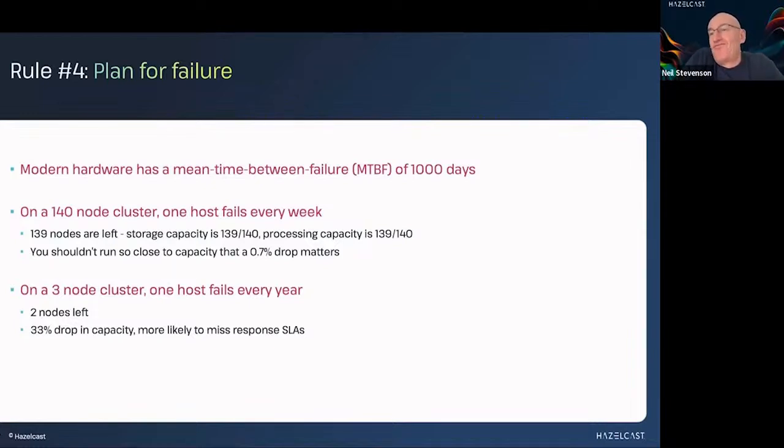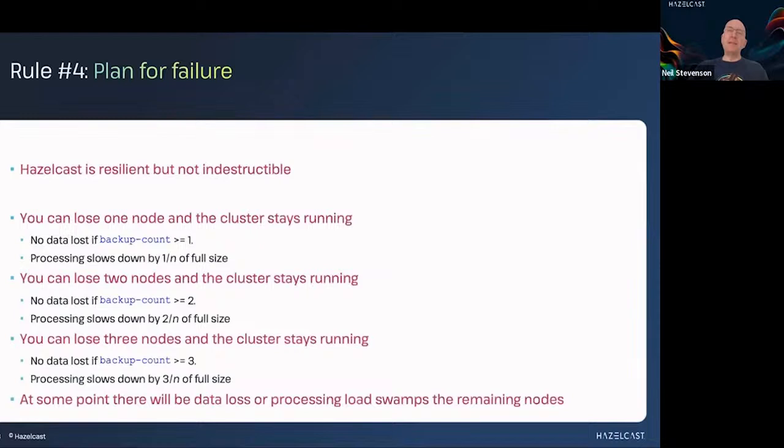If that's your e-commerce website, that's perhaps imperceptible to the user. Nobody's going to know. Whereas if it's a 3-node cluster and you lose one, it's now a 2-node cluster. That's a massive drop in capacity of 33%. It's going to run considerably slower, or it might not even run fast enough, depending on what your SLAs are. So we'll come to that.